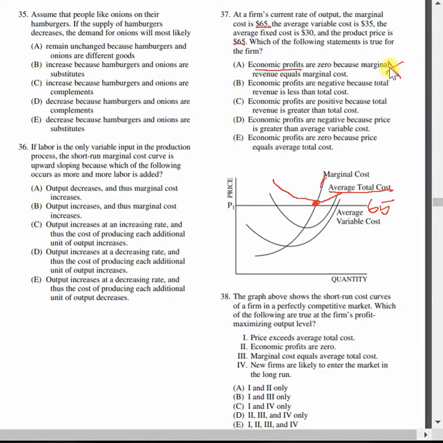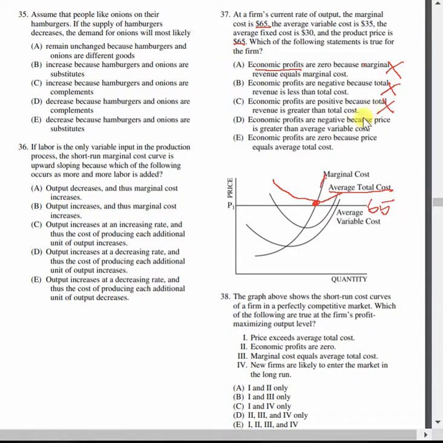B, economic profits are negative because total revenue is less than total cost. Well, we just said economic profits are zero, not negative, and total revenue actually equals total cost, so that is not true. C, economic profits are positive because total revenue is greater than total cost, and again, economic profits are zero, so that's wrong.